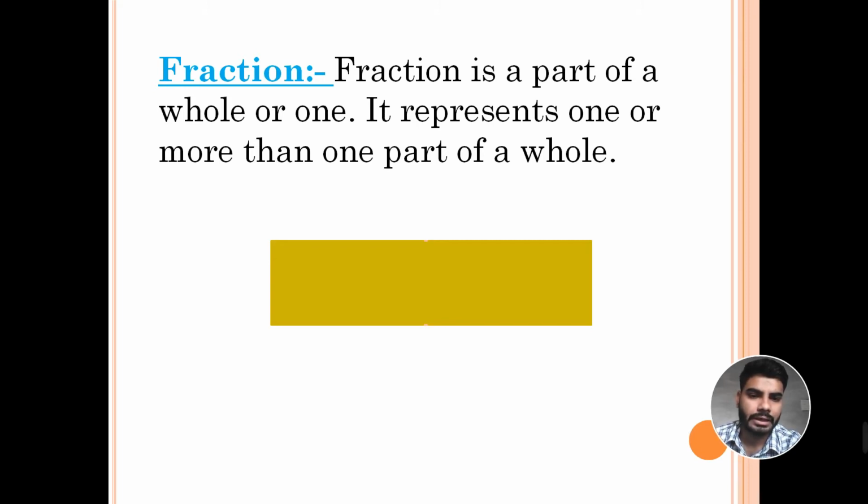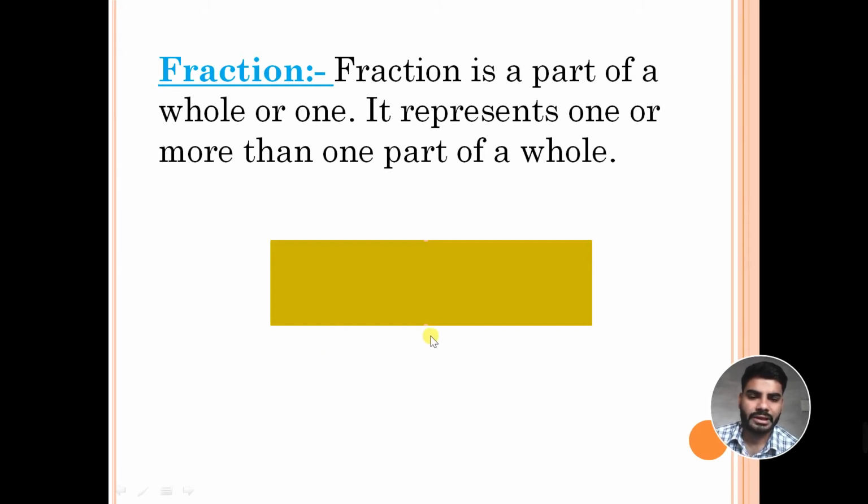So, when any whole object is divided into two or more than two equal parts, then each part of the whole is treated as a fraction. Now, let's understand this definition with the help of an example. As you all can see here, there is a rectangular object.